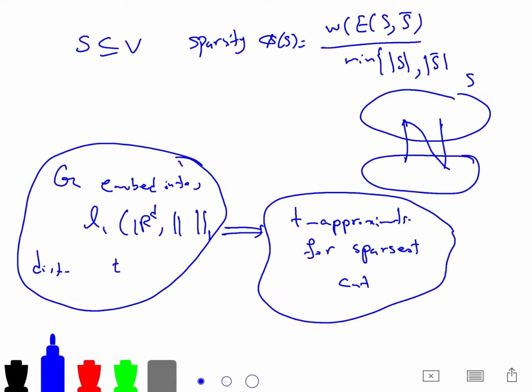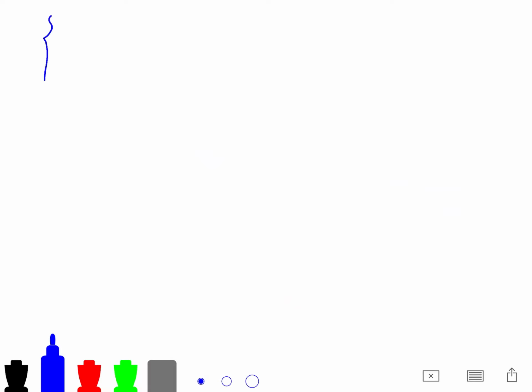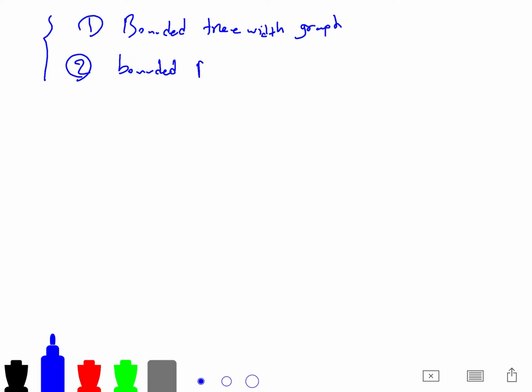So can we have lower distortion than Bourgain? I said that we can talk about special cases. The first special case is bounded tree-width graphs. The second special case is bounded path-width graphs. And the tree-width of a tree decomposition is the size of the maximal bag minus 1.